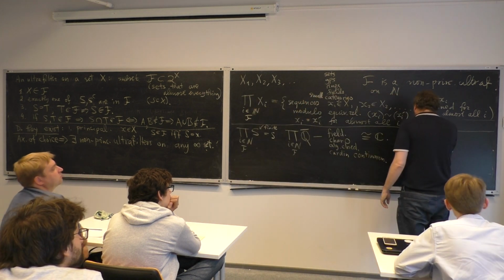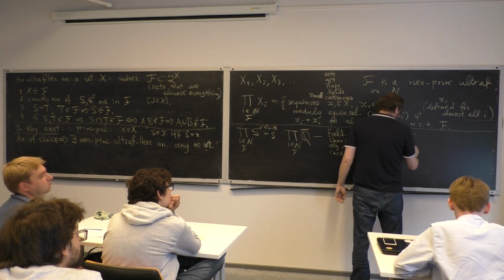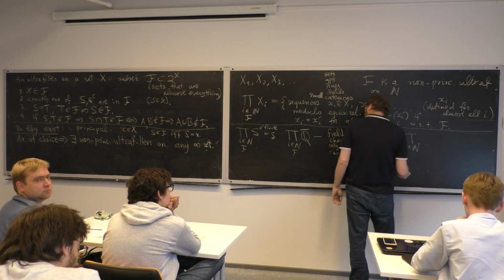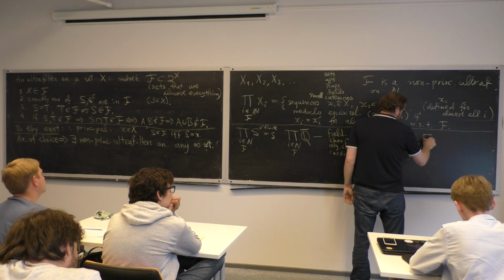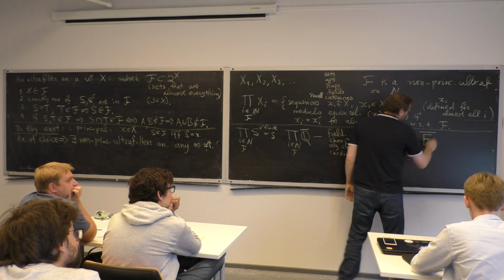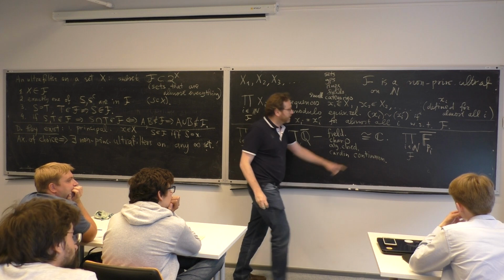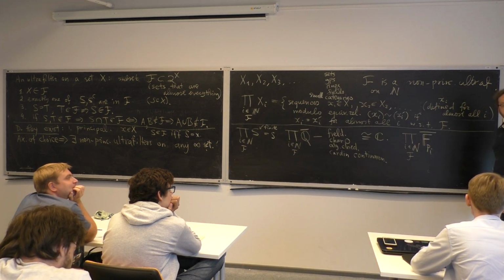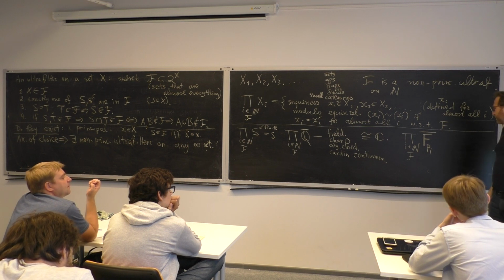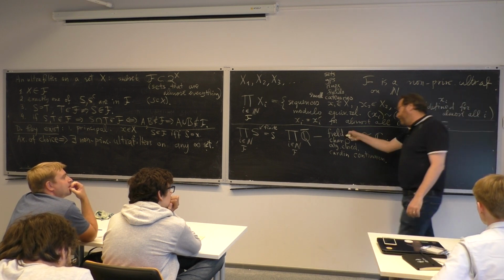Now, suppose we take the product over i in N with respect to F of algebraic closures of finite fields F_p, where p is the ith prime, or actually more generally any sequence of primes that goes to infinity. Well, it's a field.